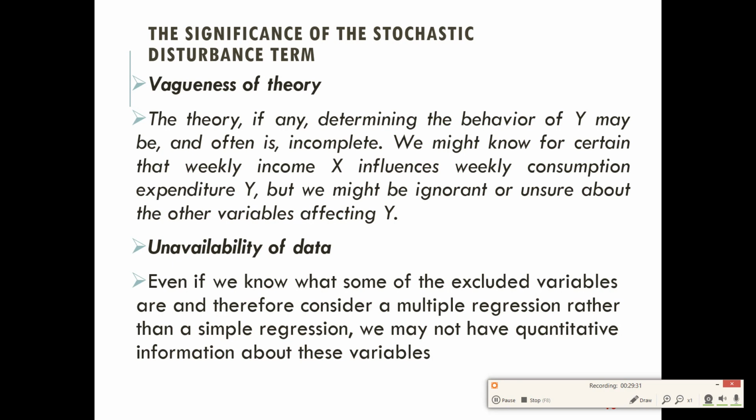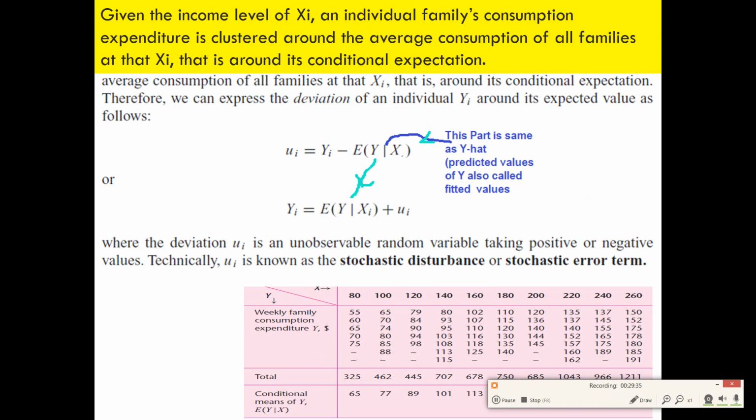In a very simple way, if I relate back to the consumption and income example, it simply means that I can never predict the exact value of consumption, right? I can say that this is the expected value.